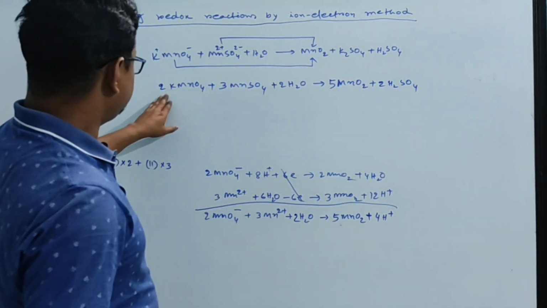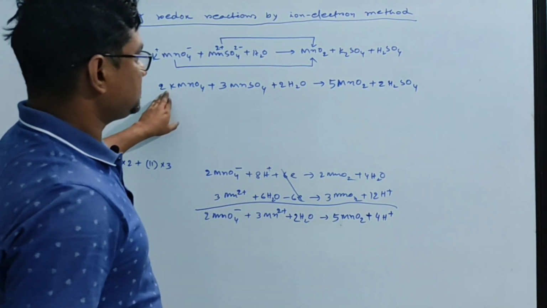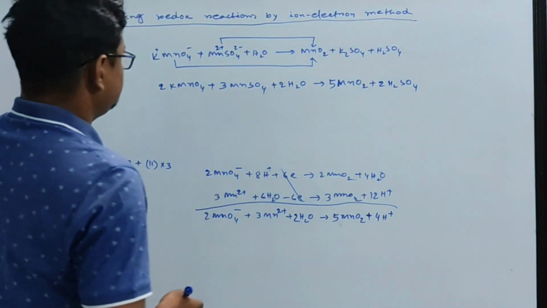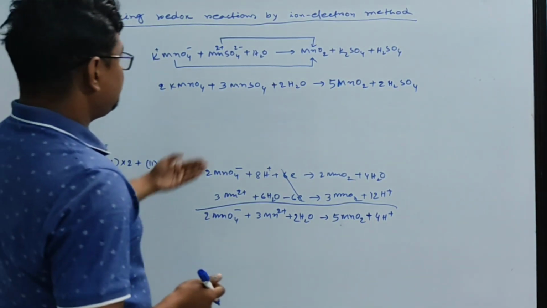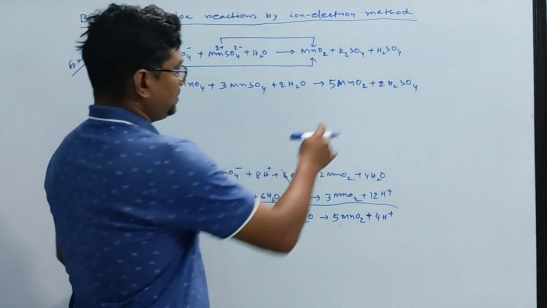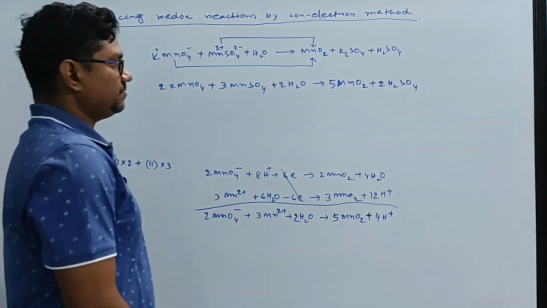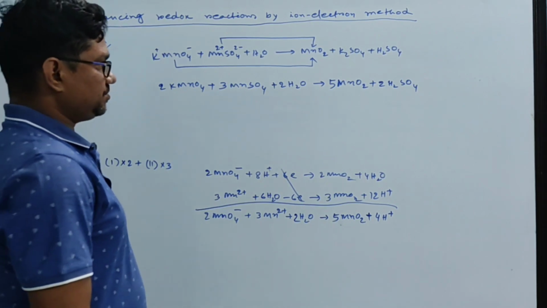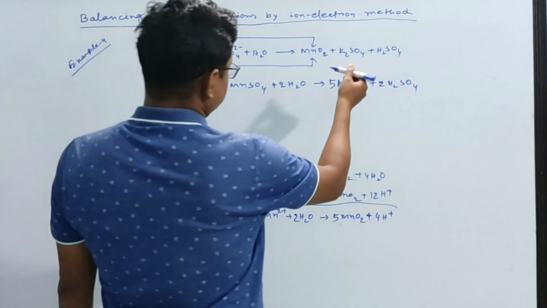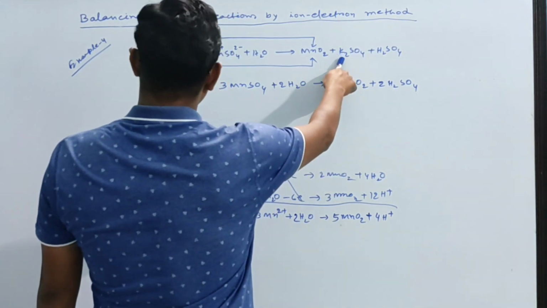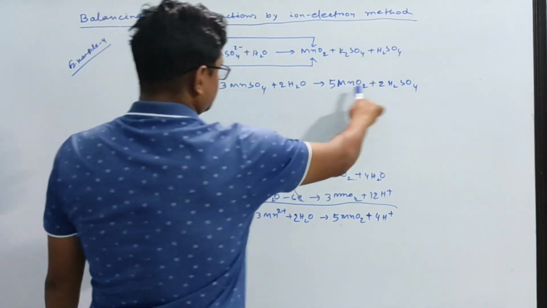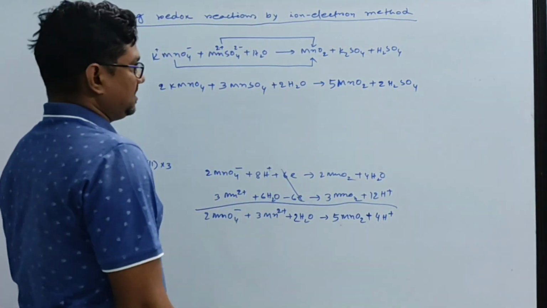But you see here 2 K plus ions are there in the left hand side, which are not there in the right hand side. And also the sulphate ion: here you see 3 sulphates are there, but here only 2 sulphates, so we have to add 1 K2SO4 molecule at the right hand side. As I said in my third video, you can check the given reaction, here K2SO4 is there, which is not there in the balanced reaction.